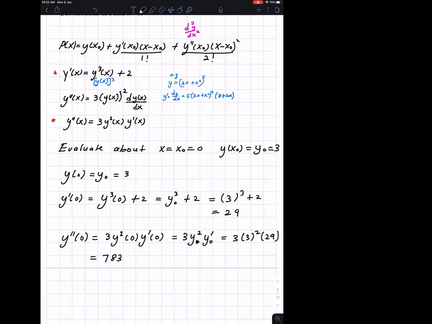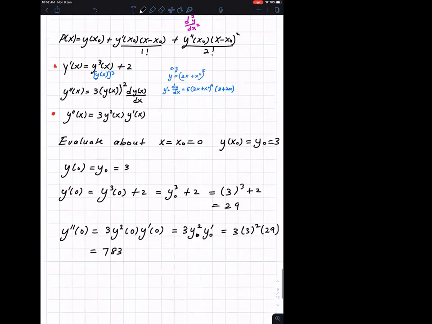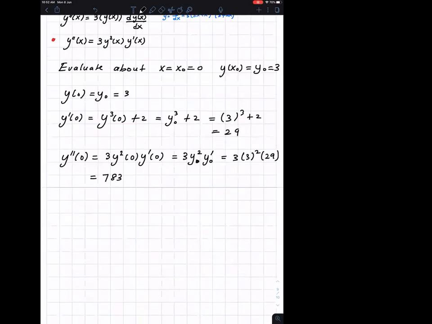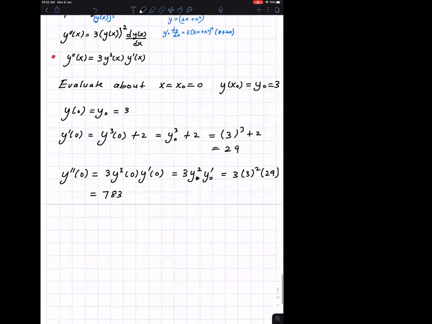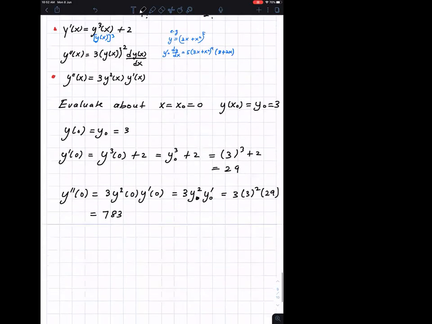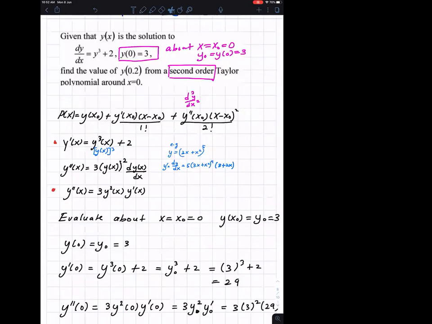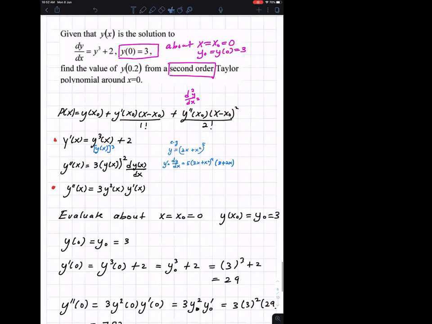Okay, let's move on. So after you find this, the next thing is I just plug everything into the polynomial. This is the equation that you're going to substitute in.